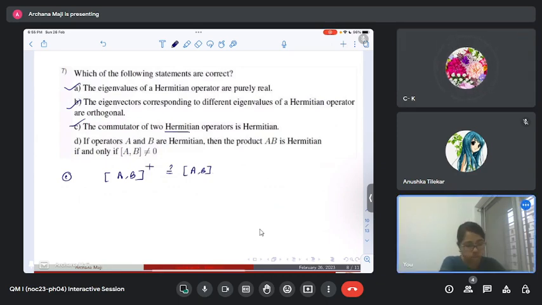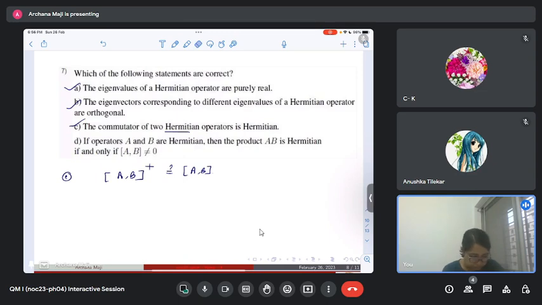No, this option has no relation to that option. Here it is not saying anything about whether the commutator is 0 or something. It's just saying the commutator of two Hermitian operators is Hermitian. Whether it's correct or not. It's not correct.